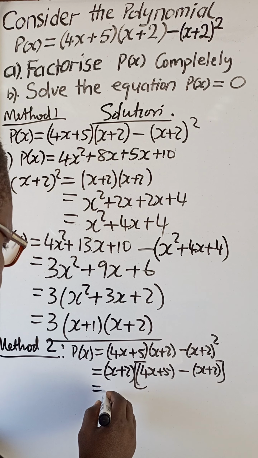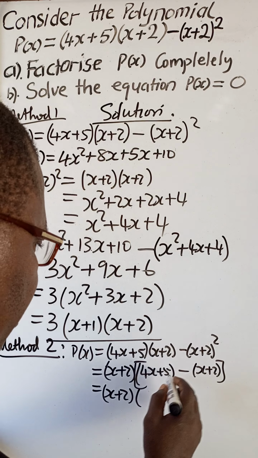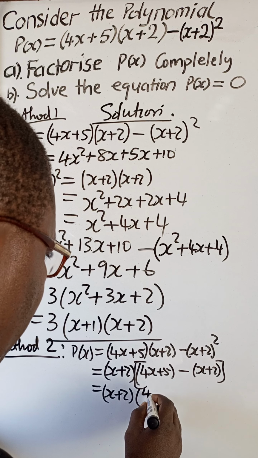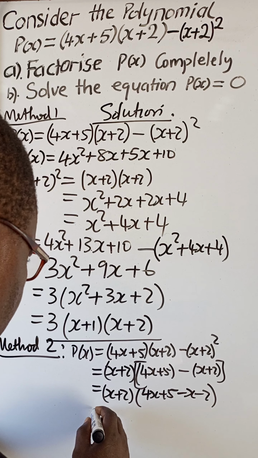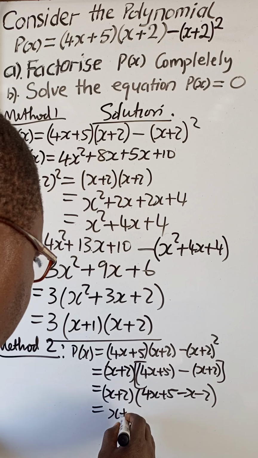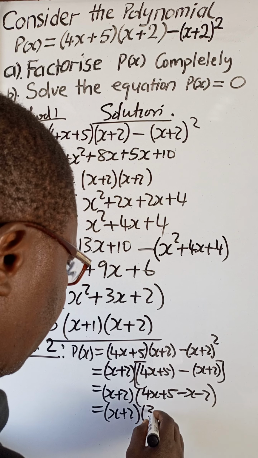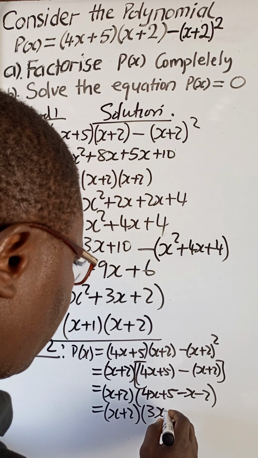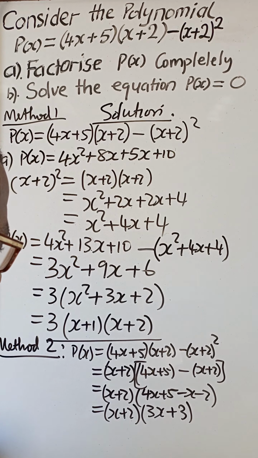And so this is (x + 2) into, let's open this brace, 4x plus 5 minus x minus 2. So this gives us (x + 2) into 4x minus x is 3x, 5 minus 2 is 3. All right?